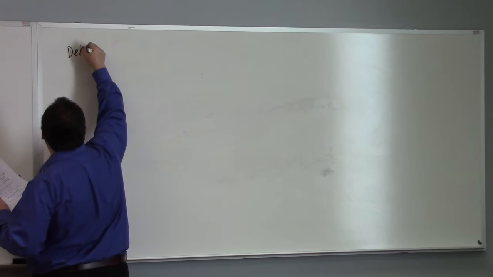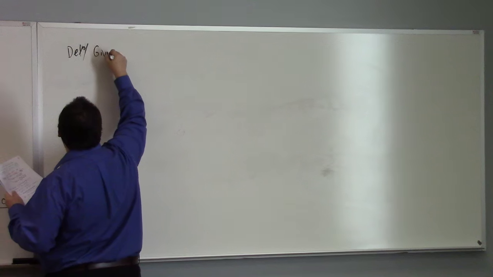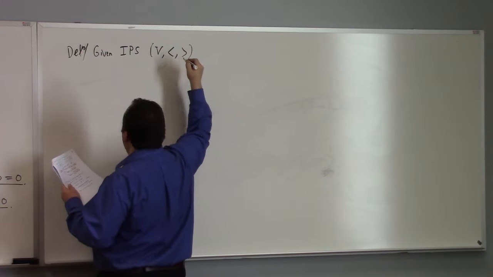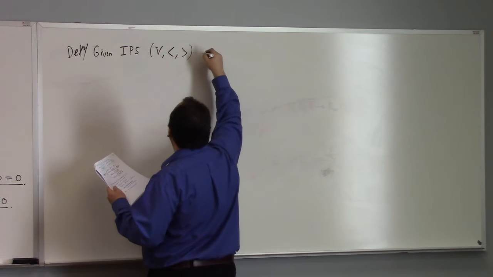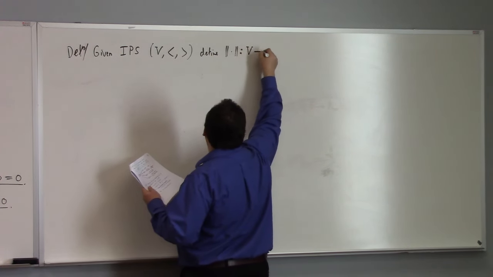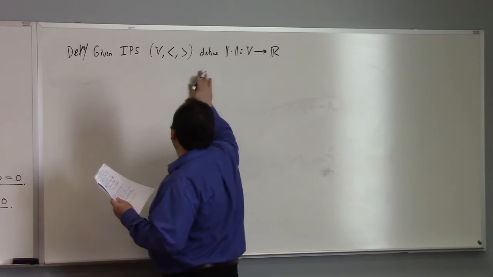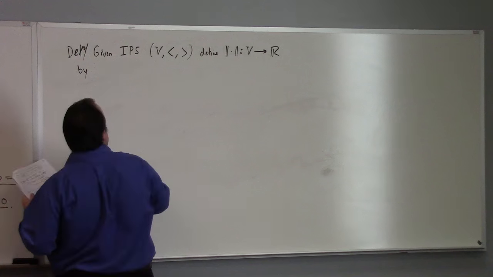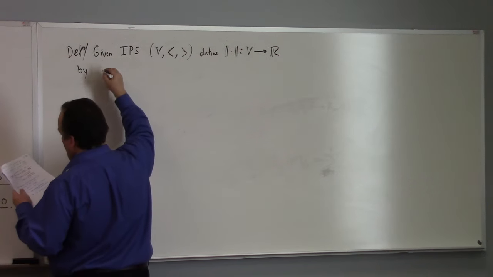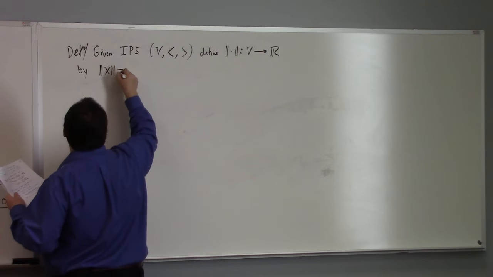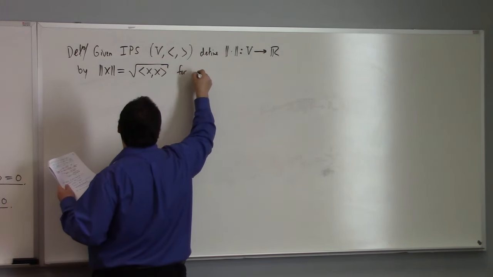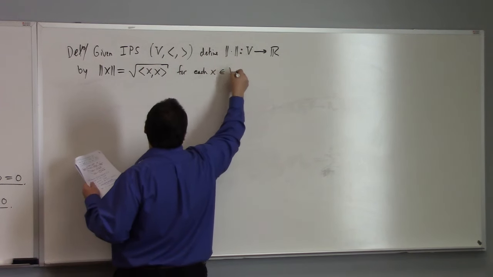Definition: given an inner product space V with inner product, define the norm, a mapping from V to the reals, by the norm of x is equal to the square root of the inner product of x with x, for each x in V.